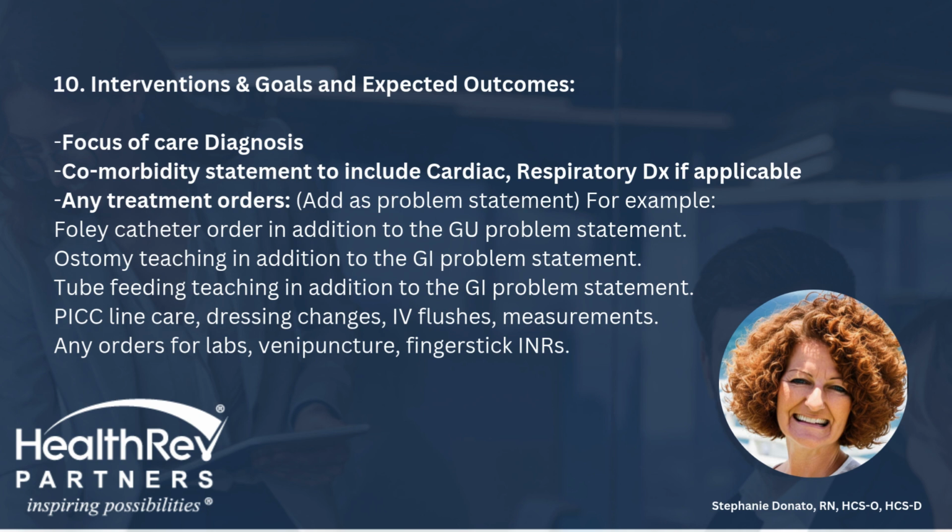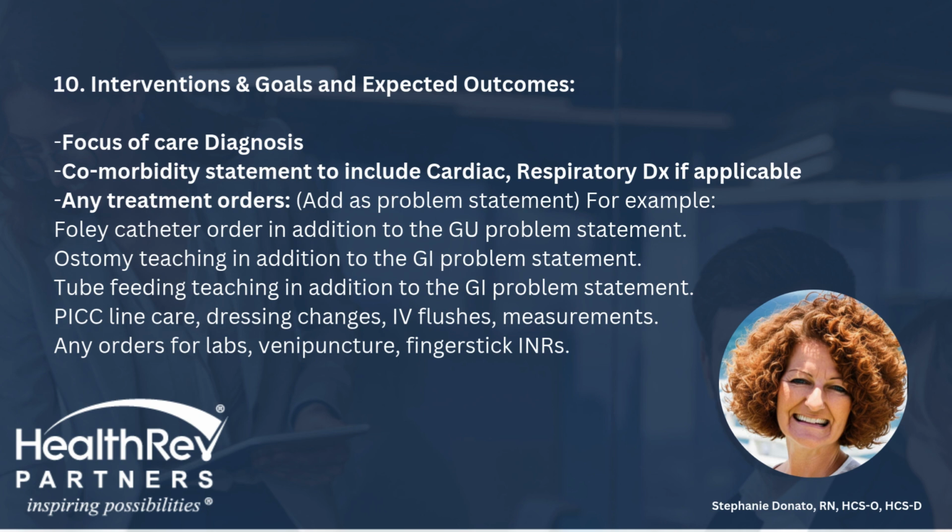If the patient is going to receive any treatment orders, you'd want to ensure that treatment orders are present and include all aspects related to the treatment. Treatment orders might include wound care, urinary catheter care, ostomy teaching, tube feeding, administration and teaching, PICC line and IV care, dressing changes, measurements and flushes, any orders for labs including blood glucose and INRs.